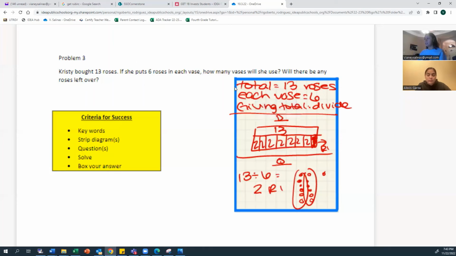So this, for example, is a division problem. You see how it changed, but not really? It says, Christy bought 13 roses and she put 6 roses into each vase, how many vases will she use? That word each is there again. But are you supposed to multiply? No. Why? Because they're giving you a total amount of roses and she's having them do this part on the top.